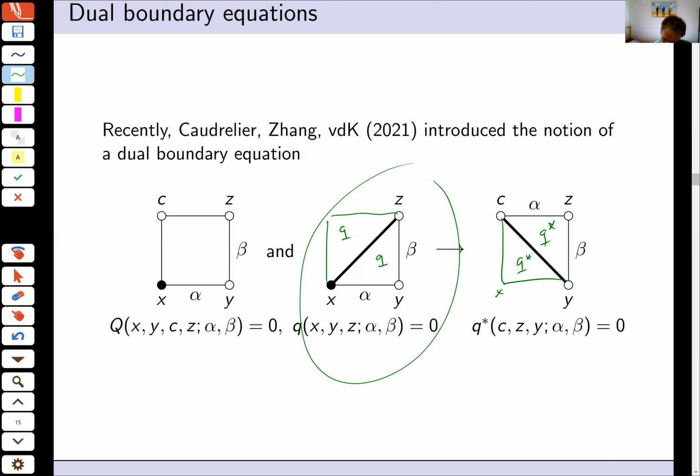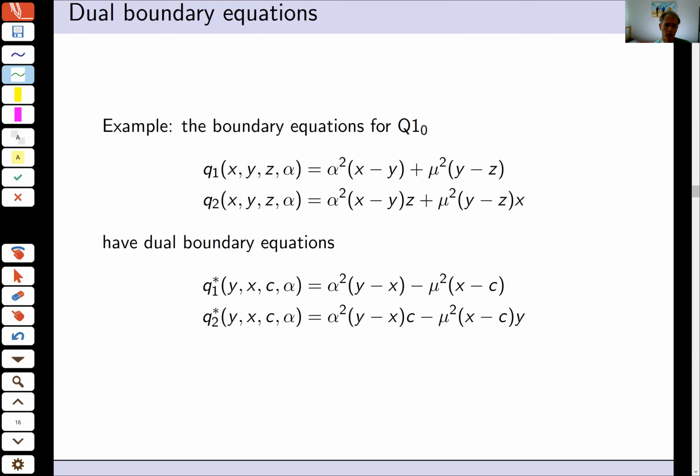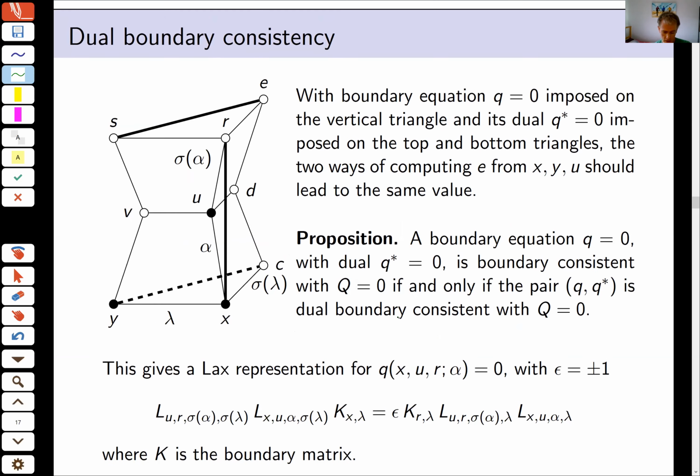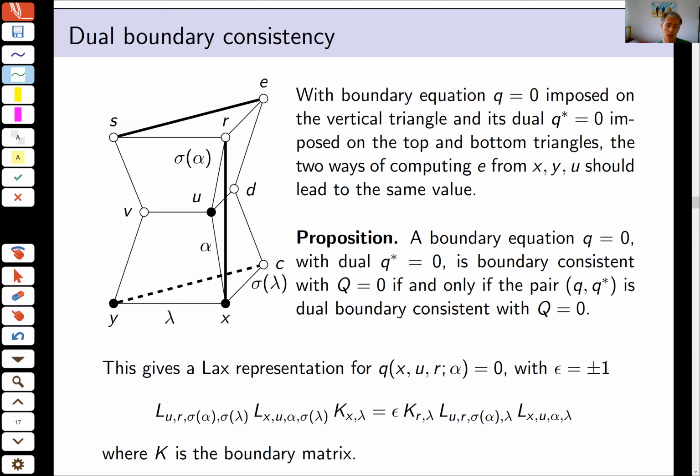And the important thing about dual boundary equations, here is just an example of what the duals are, is another consistency condition. This is a truly 3D consistency condition, unlike the previous one, and it's called dual boundary consistency. Here we have one equation, q, on this triangle in the middle, and we have q star on these ones.